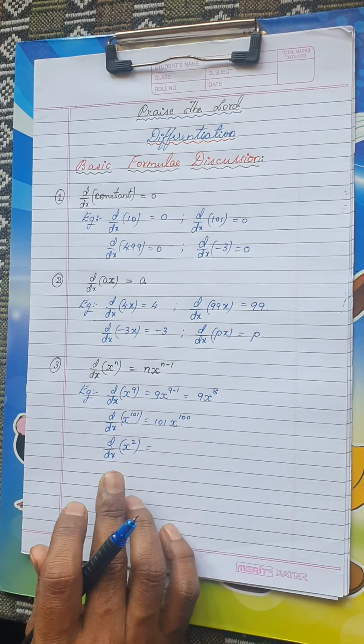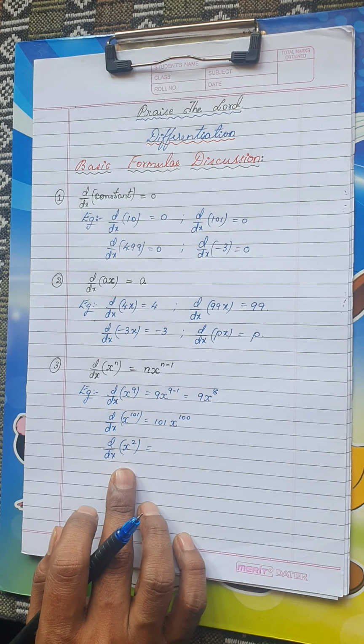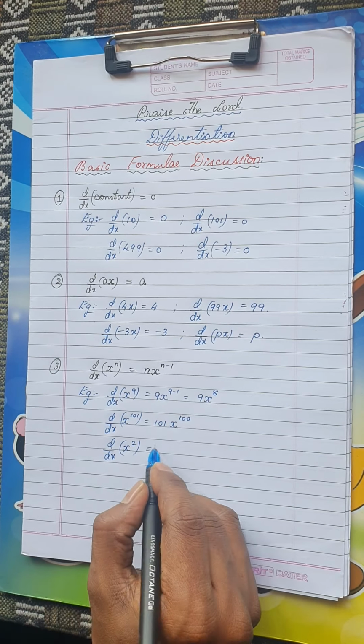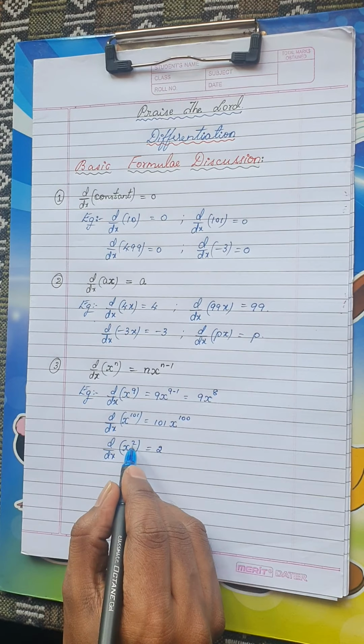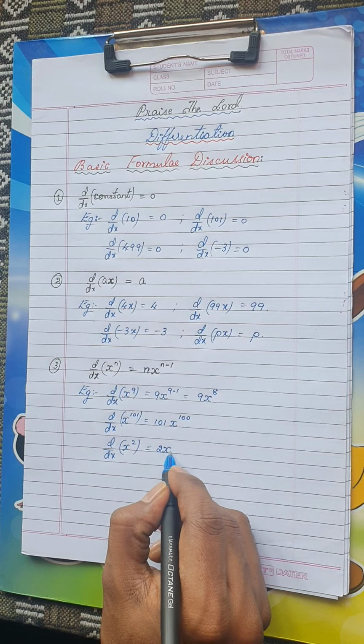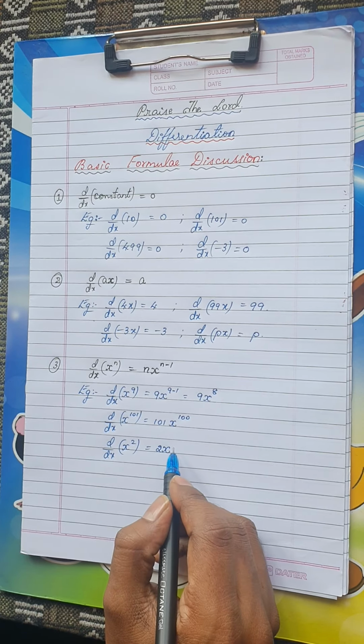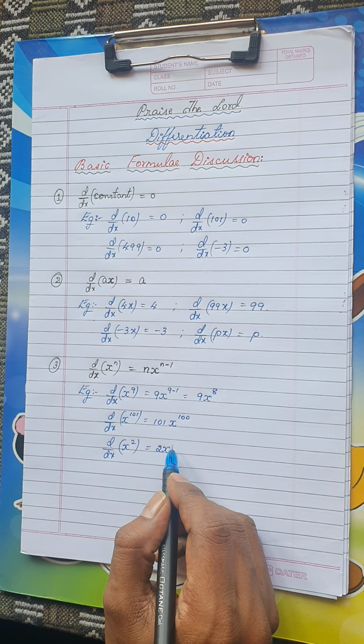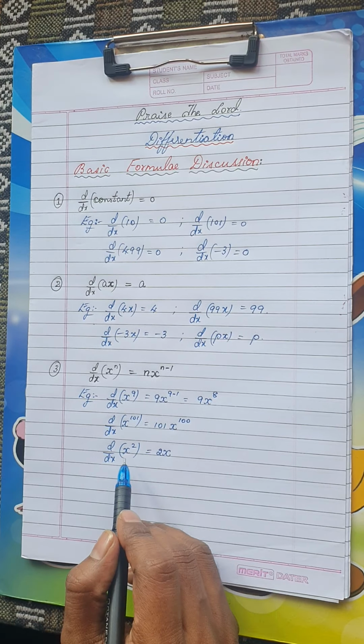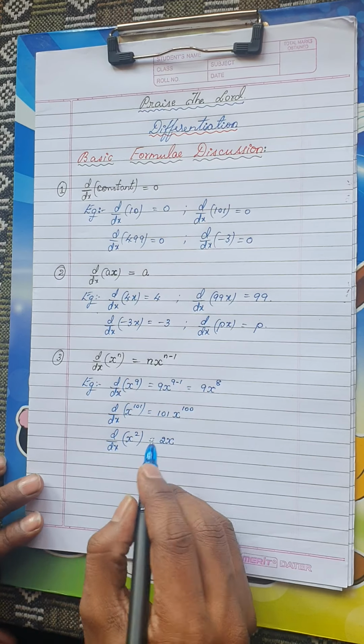Sometimes you take this as an example also. So the derivative of x square is 2, the power, multiplied into x power 1. Actually, 1 we don't write it. It is understood, if you don't write the power, it is 1. So the derivative of x square is 2x.